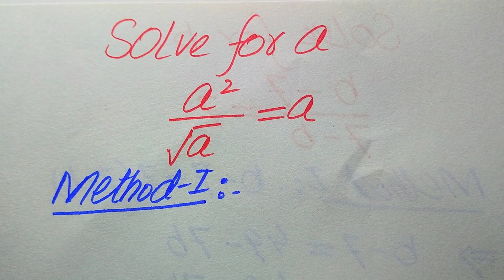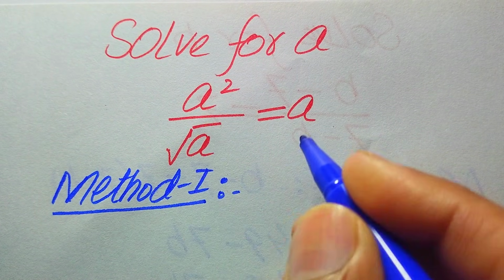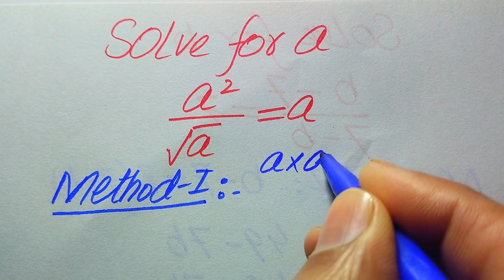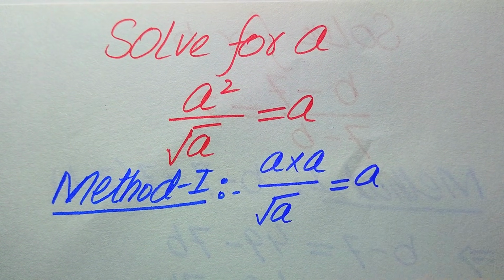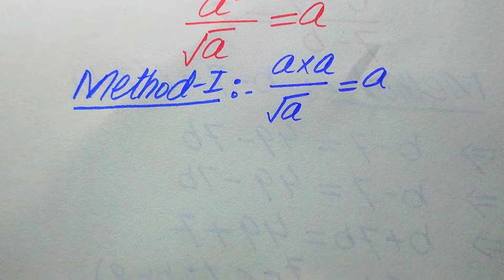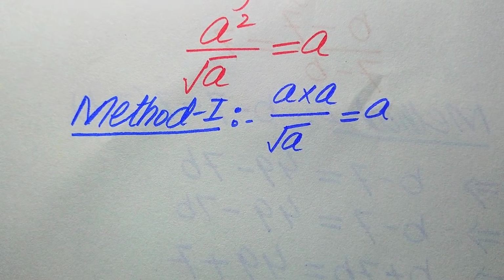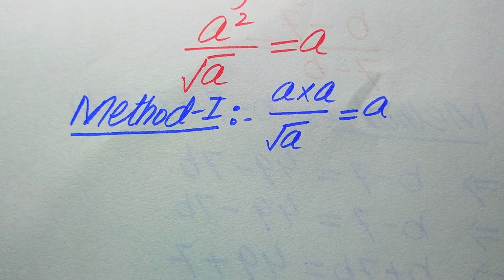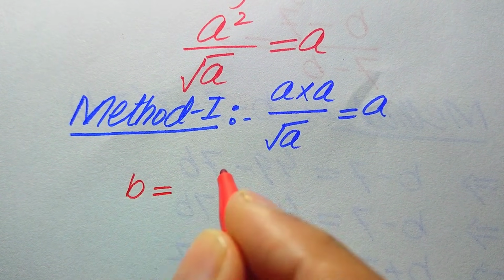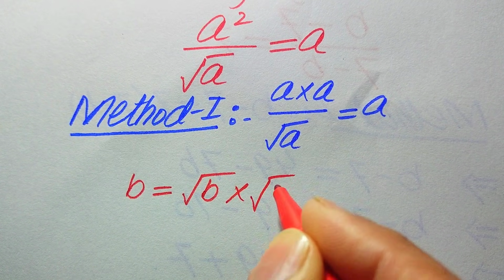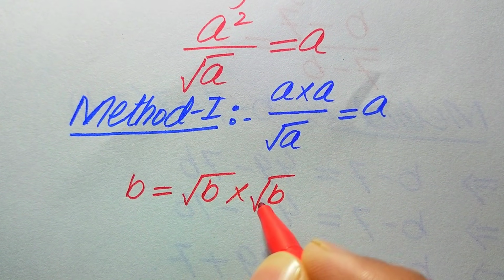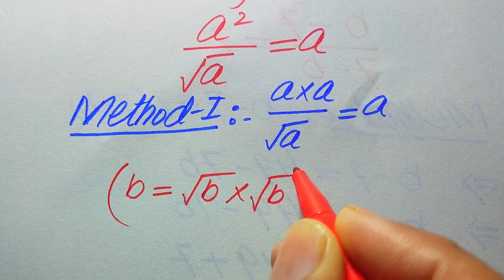And now we move toward the solution of this problem by the first method. Here you see that this is a squared. We write this a squared as a multiplied by a, and it is divided by the square root of a is equal to a. In the next step we need a little bit more simplification. You know that if we have any number b, we can write b as a product of two radicals this way: the square root of b multiplied by the square root of b is equal to b.